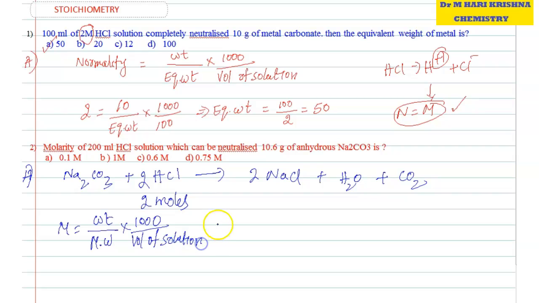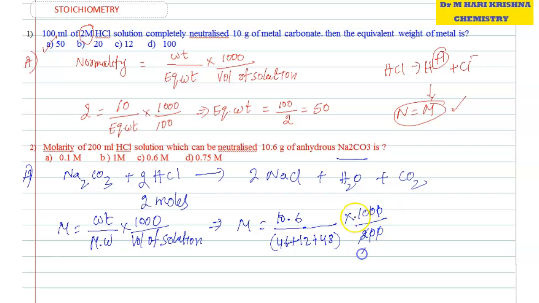So molarity equal to weight, they have given 10.6 grams of Na2CO3, and the molecular weight of Na2CO3 is, Na 23, so 23 into 2 is 46, plus carbon 12, oxygen 48, 3 oxygens, into 1000 by volume of solution, they have given 200 ml. 2 zeros cancel, 2 ones are 2, 5 twos are 10.